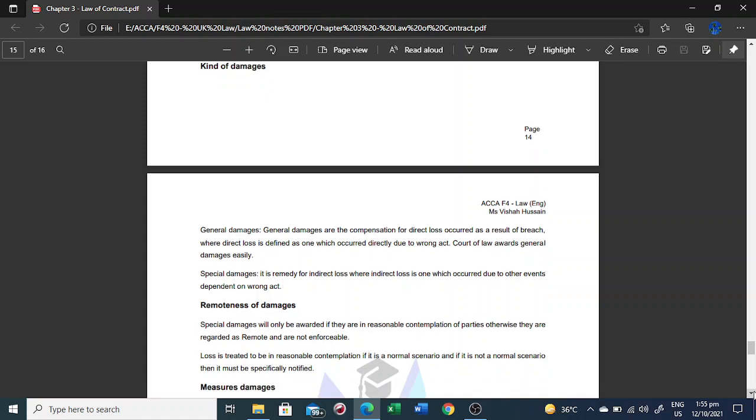Kinds of damages: general damages are going to allow you to pay compensation for the direct loss that has occurred to the second party. So in this case, general damages are to be paid. Special damages are a remedy for indirect loss. Let's say you did not intend to hurt somebody, but because of your decision you ended up hurting somebody.